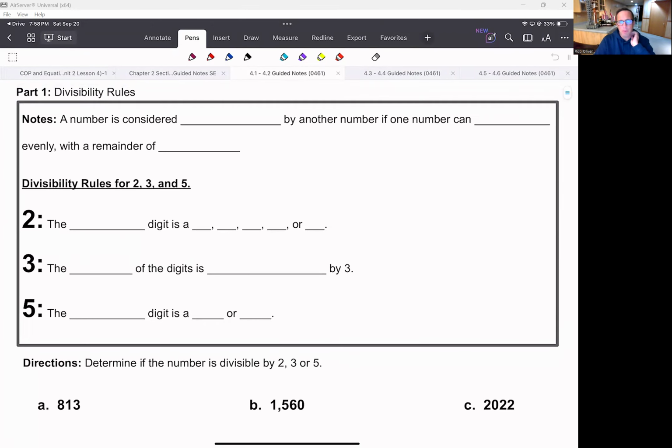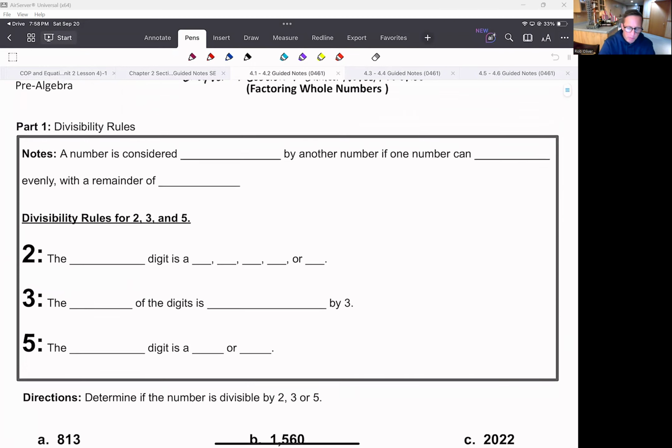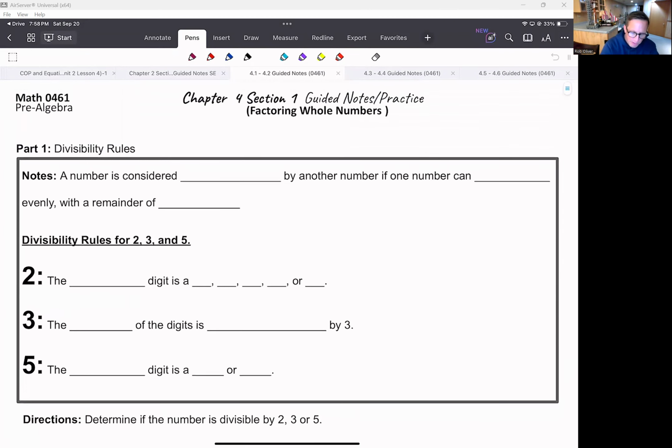So let's talk about what a factor is. A number is considered divisible by another number if one number can be divided, or factored, that's the word we can use there, evenly with a remainder of 0.